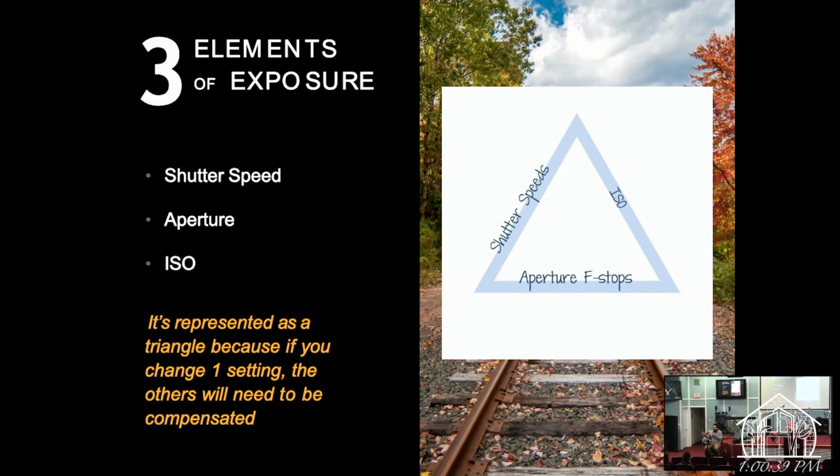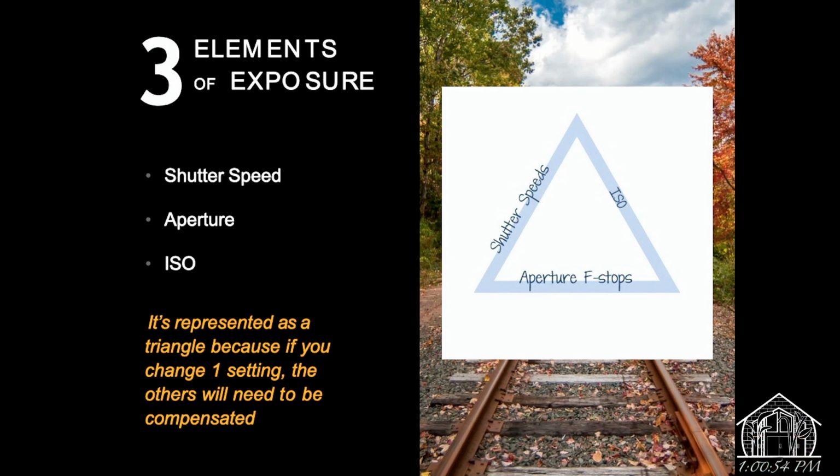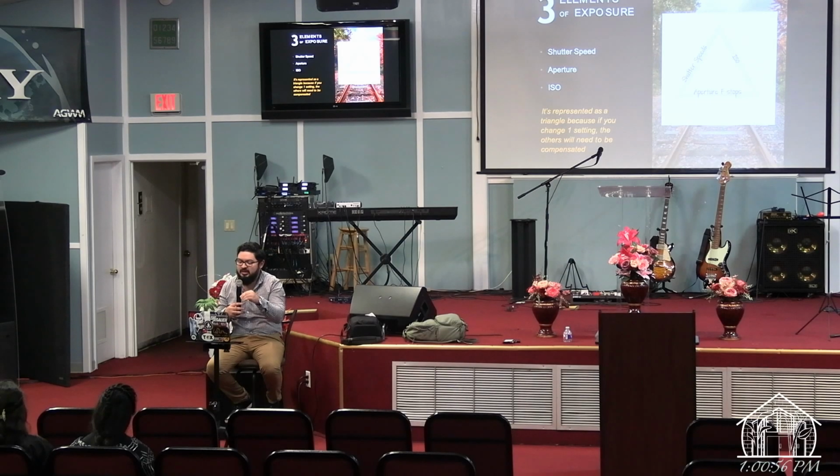Let's say if you move the ISO, which is how bright you want your image, it's gonna affect the aperture. If you move the shutter speed, which is how fast the sensor captures the image, it's gonna affect the ISO. So you can't move any of them and expect not to affect each other. So it's a balance. You have to basically know.